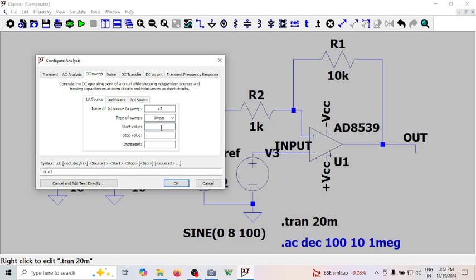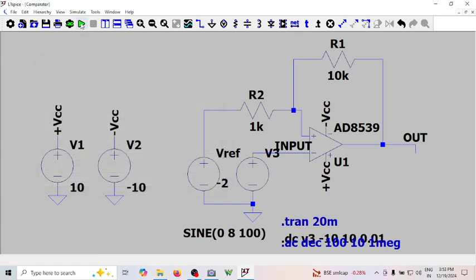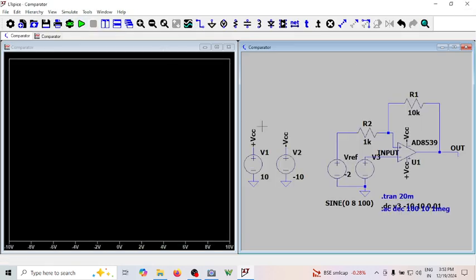Let me sweep it from minus 10 to plus 10 with an increment of 0.01 volt. If you run it, you can see this.